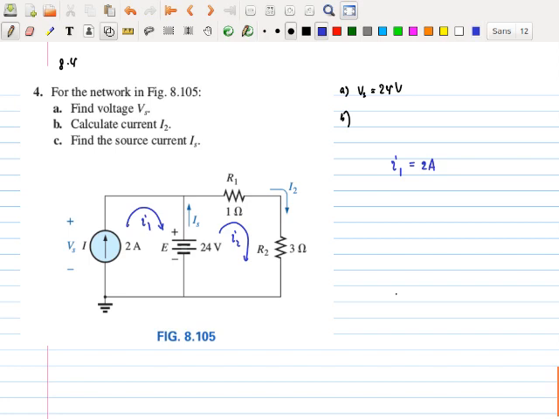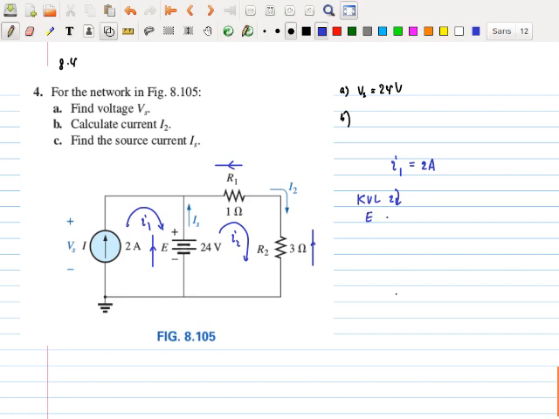Then I2 I can find using the Kirchhoff voltage law, because in that loop there is no current source. So I will use my technique: mark the voltage drops and then apply the Kirchhoff voltage law to loop 2 in the clockwise direction.